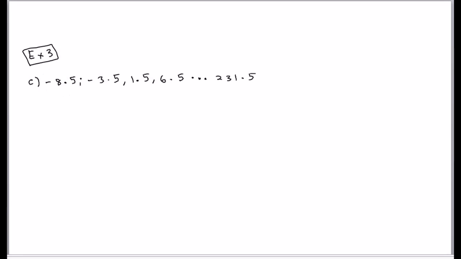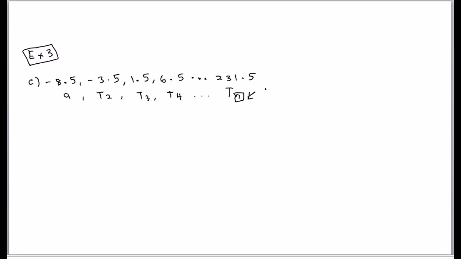We know that this is the first term. We can write it down as T1 or A. Second term, third term, fourth term, and then because we don't know the number of term of 231.5, we will name this as Tn. So we want to find n.